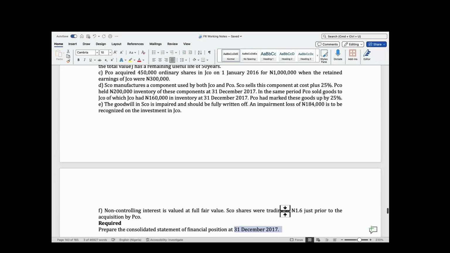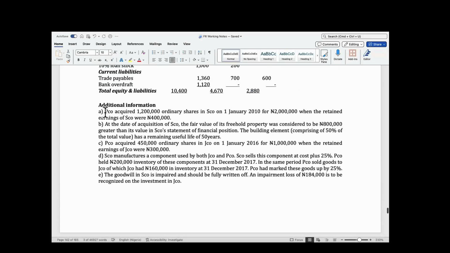So here now, I can see that PICO acquired 1.2 million ordinary shares in ESCO on 4 January 2010 for 2 million, when the retained earnings of ESCO was 400,000. So what is this information telling me? It's telling me that PICO acquired 1.2 million shares in ESCO.